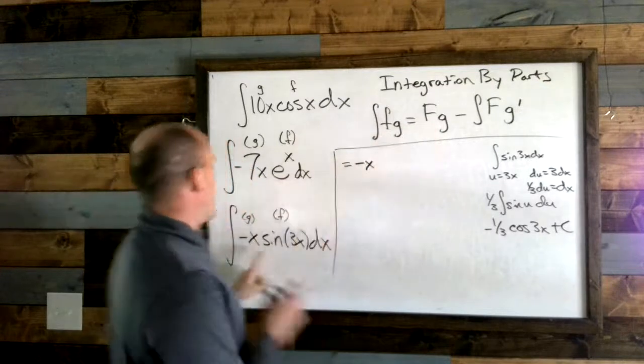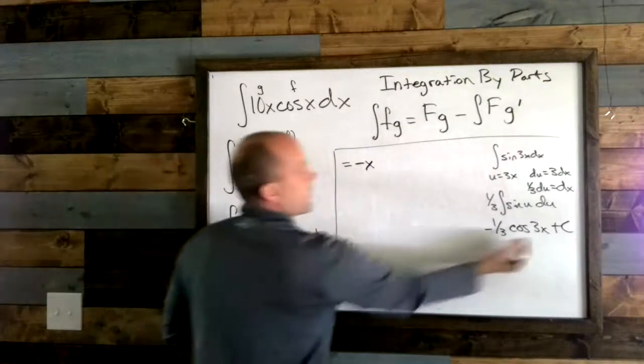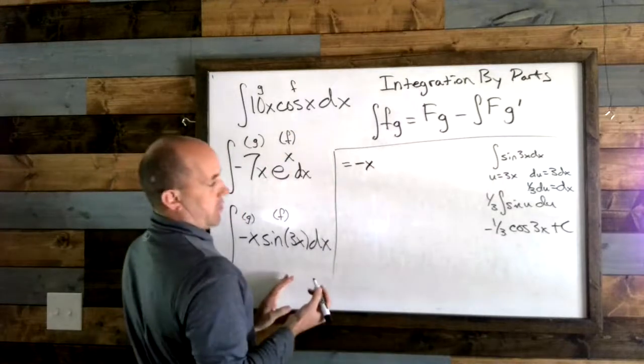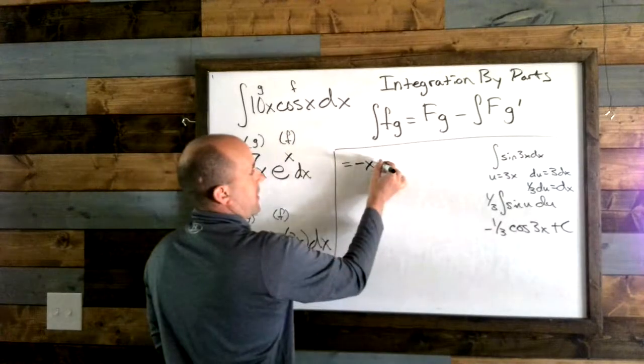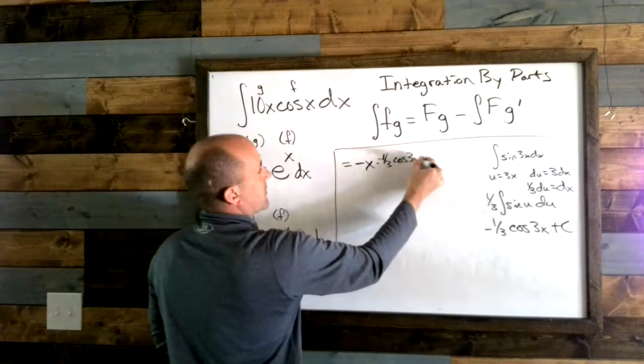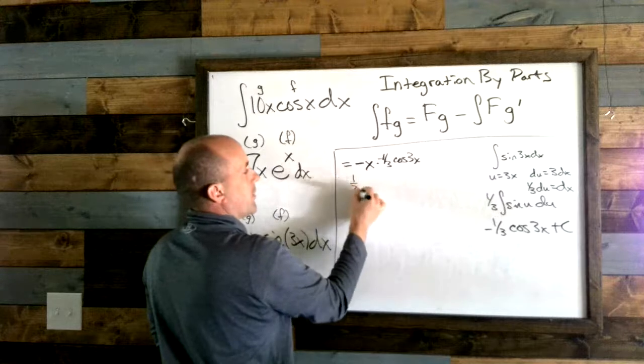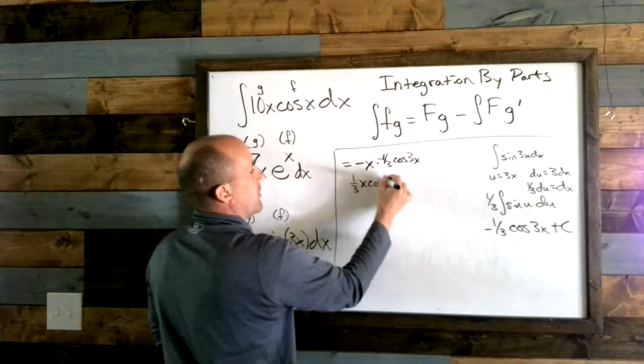So little g, we said, is negative x, and big F is negative 1/3 cosine of 3x. Negative x times negative 1/3 cosine of 3x, I'm going to rewrite to just be 1/3 x cosine of 3x.